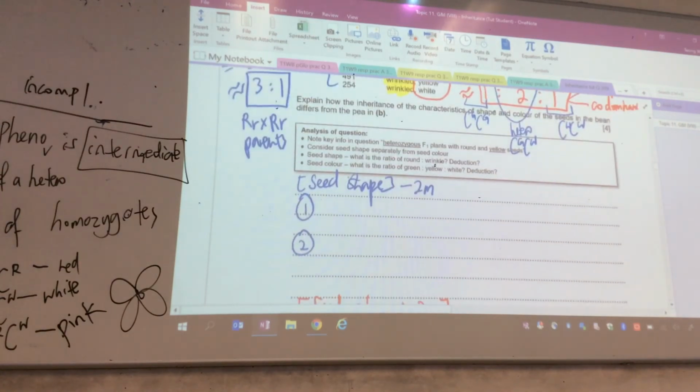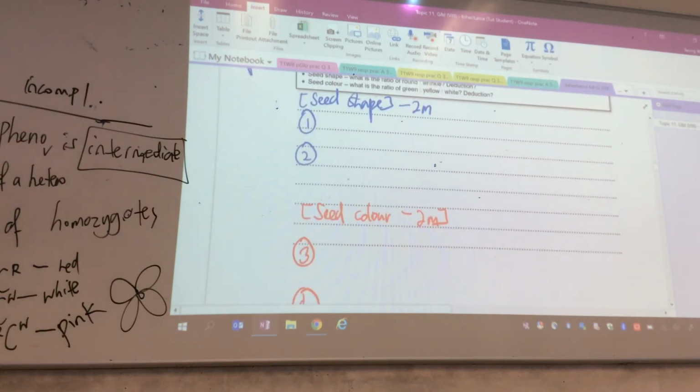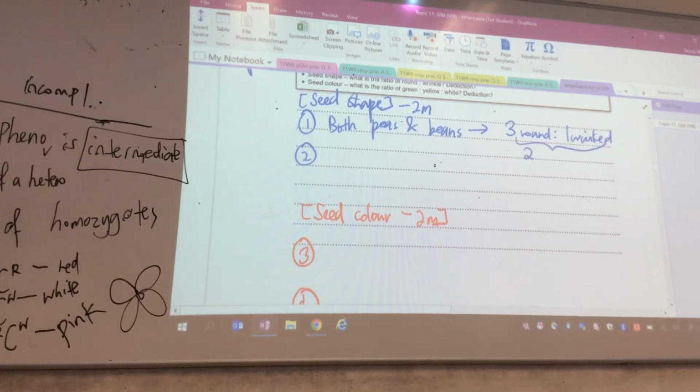You have to tell me the ratio observed in both peas and beans. The ratio is 3 round to 1 wrinkled, which means the parents are two heterozygotes crossed. That's 1 mark, which I think a lot of people will get.